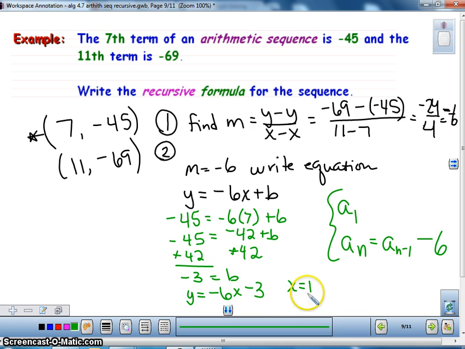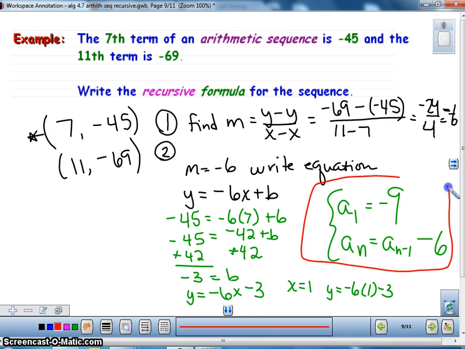We still need the first term. If x equals 1, y is going to equal negative 6 times 1 minus 3, which means our first term is negative 9. When I look at my formula and it's asking me for the recursive formula, this is what I'm looking for, but I have to have one more thing, and that is when n is greater than 1.